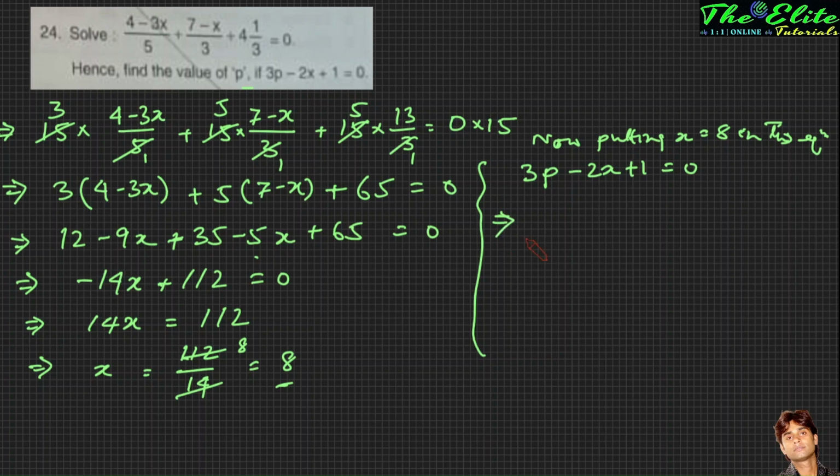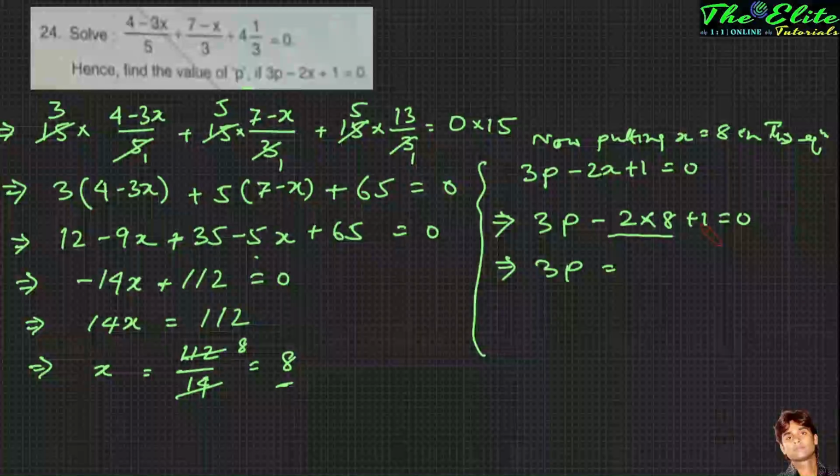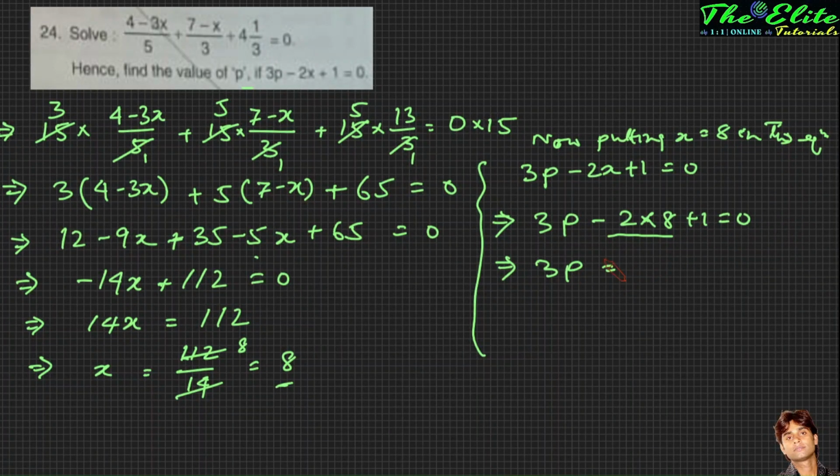You will get 3 times p minus 2 times 8 plus 1 is equal to 0. You just have to find out the value of p. 3 times p, from here you are getting minus 16, and then plus 1 will give you minus 15. So minus 15, if I take it to the right hand side, it will be plus 15.